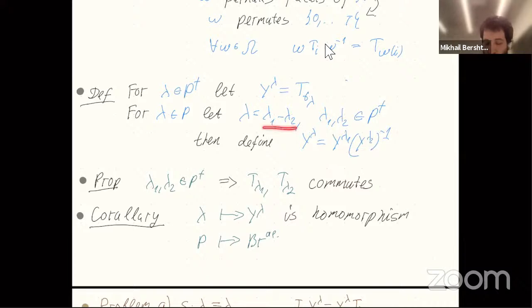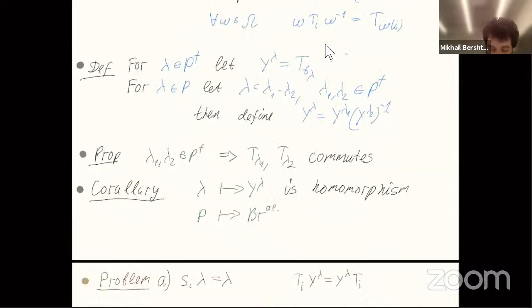Or if we have another decomposition, say lambda 1 minus lambda 2 equals lambda 1 prime minus lambda 2 prime, then Y lambda 1 Y lambda 2 prime equals Y lambda 1 prime Y lambda 2. So the definition Y lambda 1 Y lambda 2 inverse is consistent with changing this decomposition.